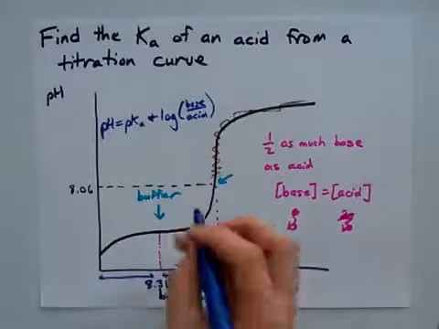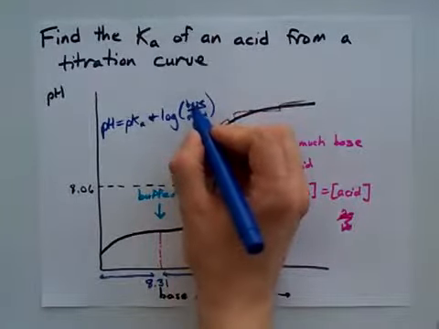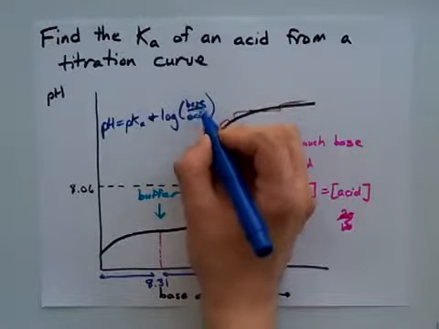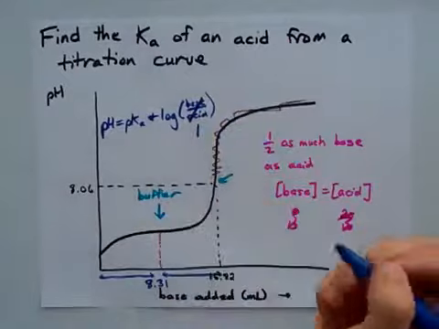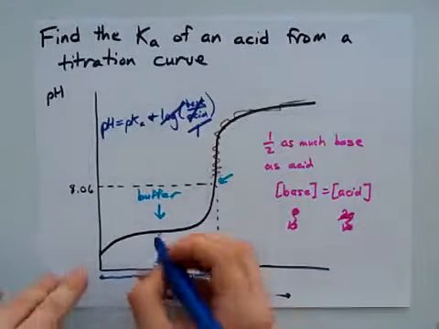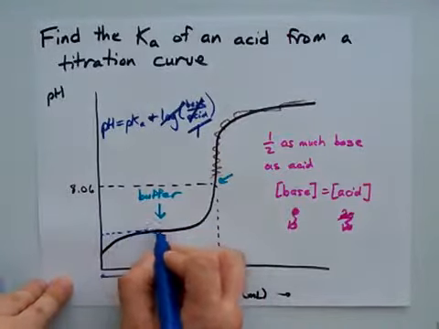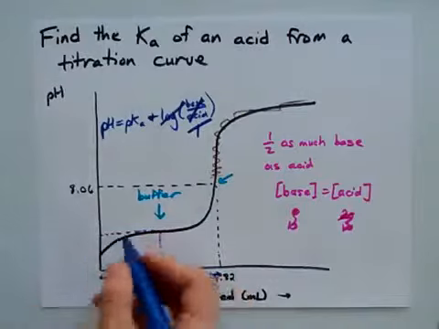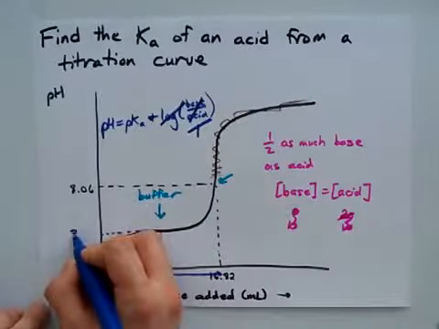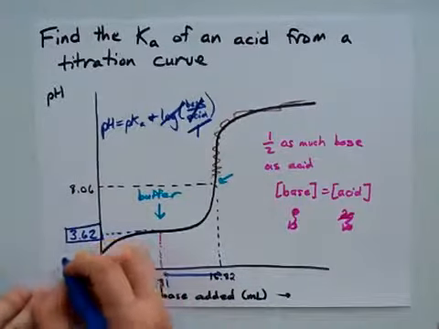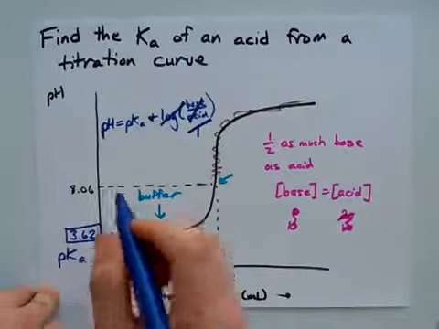The pH at that point has the concentration of base and concentration of acid equal, which means base divided by acid is 1, and the log of 1 is 0. So at this point, exactly halfway to equivalence, whatever your pH was there, I don't know, 3.62, that is the pKa for the acid that you're using.